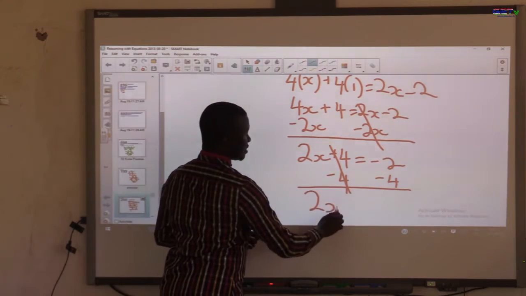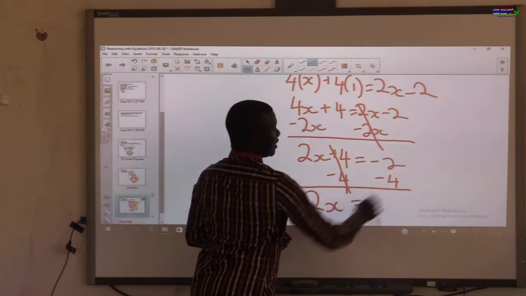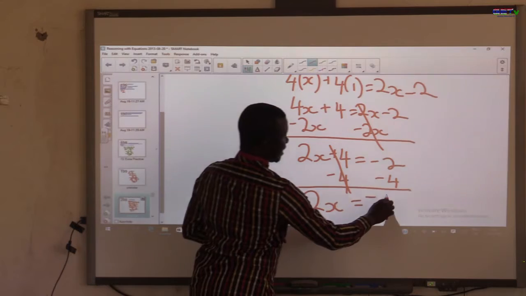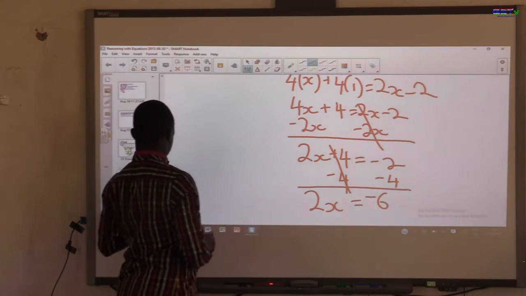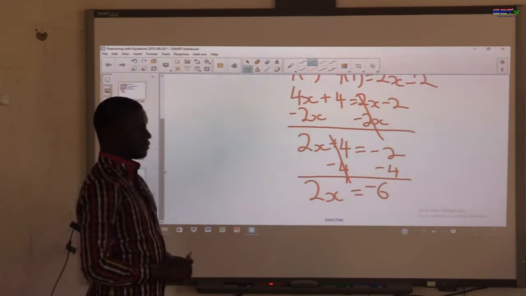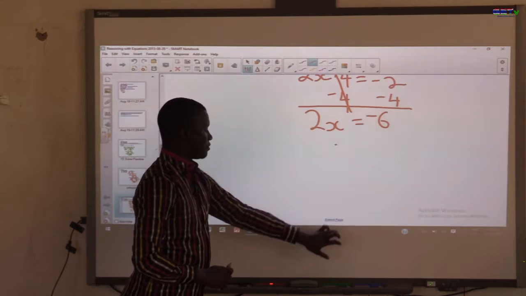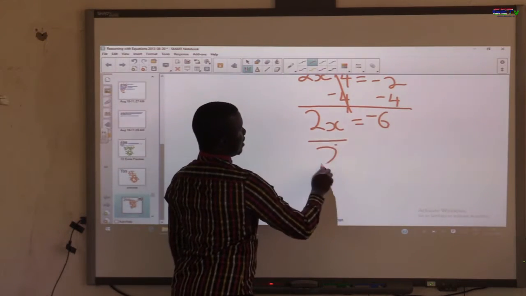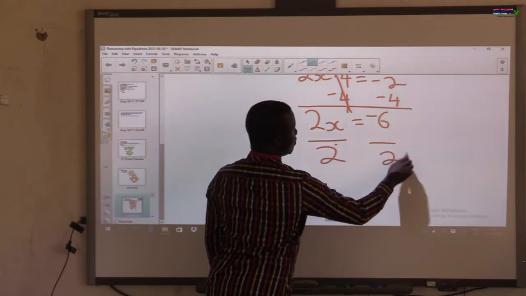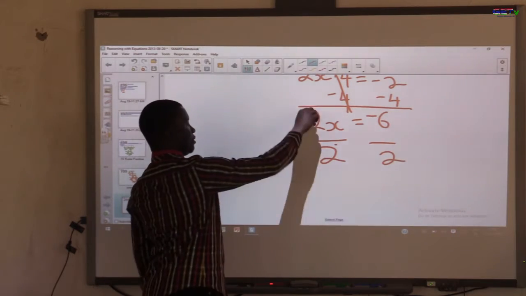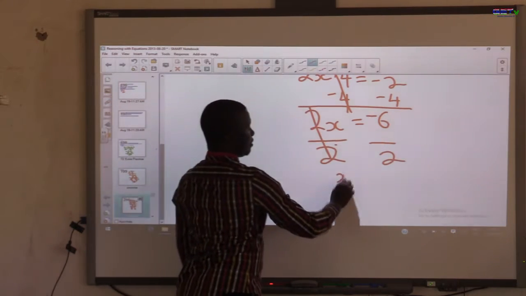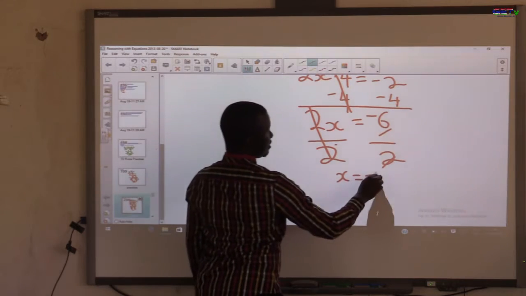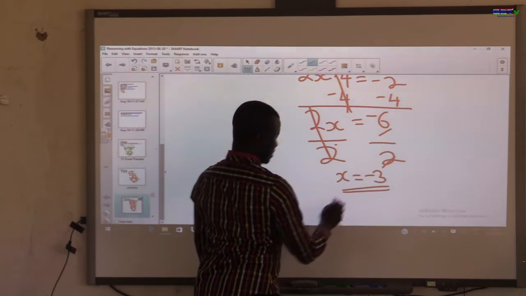We have 2x equal to negative 2 minus 4, which is negative 6. To isolate our variable, we divide both sides by 2. 2 cancels out 2, and we have x equals negative 6 divided by 2. Our answer is negative 3.